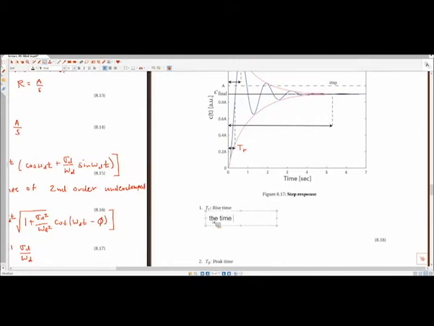Okay, so this means that, and we'll get into these relationships with a little bit more care in a bit, but we can look back at our notes that the natural frequency is a function of Kp. If we increase Kp, natural frequency goes up. So that means that rise time would go down.